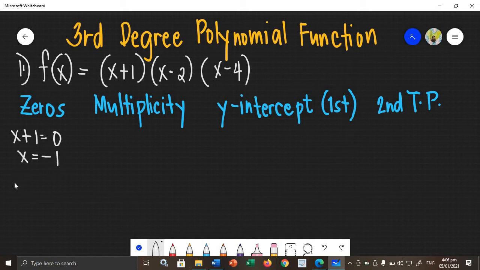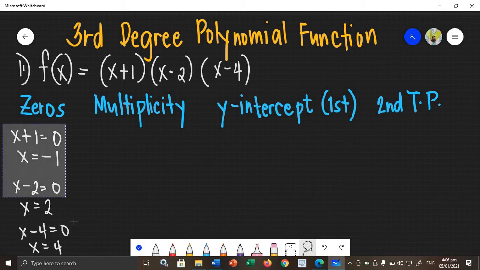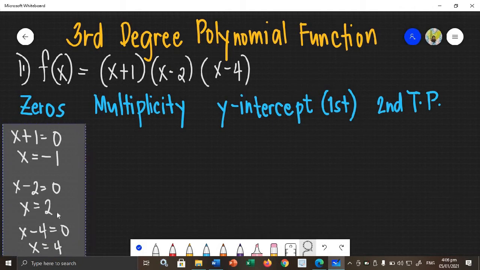And then the second zero, we have x minus 2 equals 0. The second zero is equal to positive 2. And then the third one is equal to 4. So we have 3 zeros. The three zeros ng polynomial function, we have negative 1, 2, and 4.